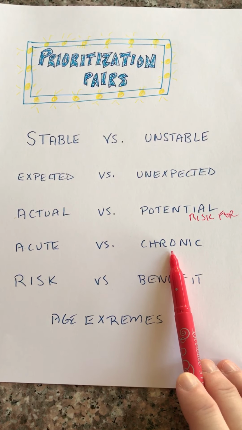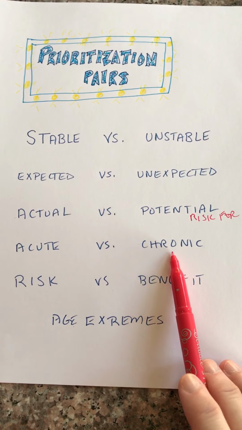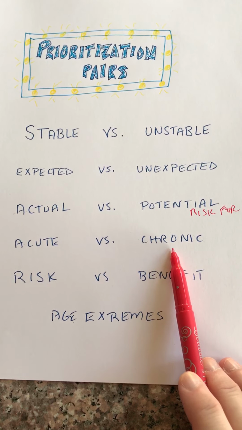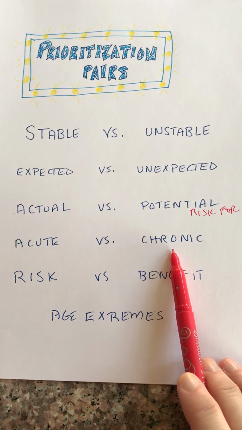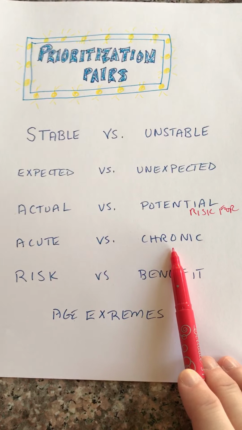Their O2 sats, 90. When you learn about COPD, you'll realize a 90% O2 sat for a COPD patient is fantastic. Yay, we're okay with that.